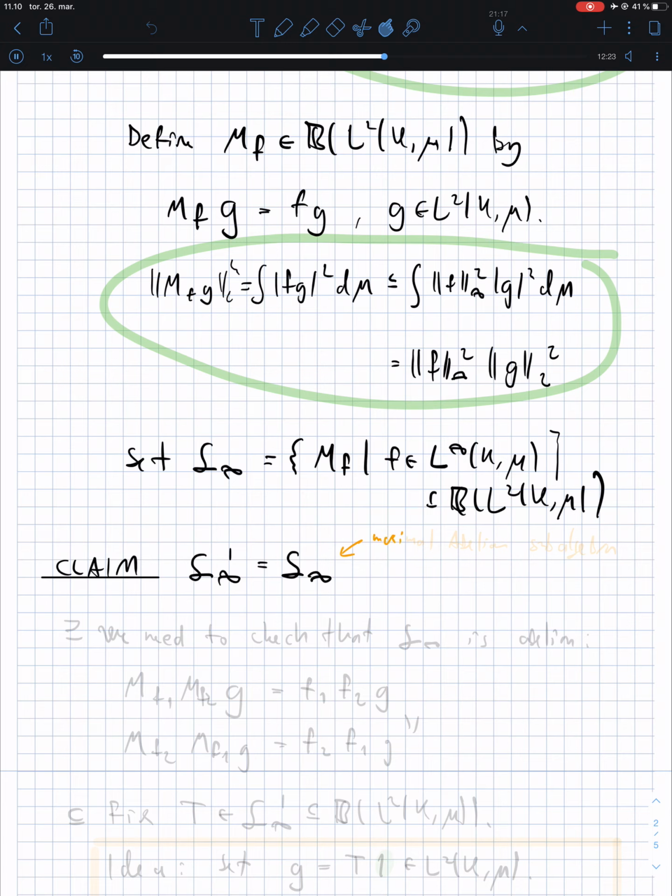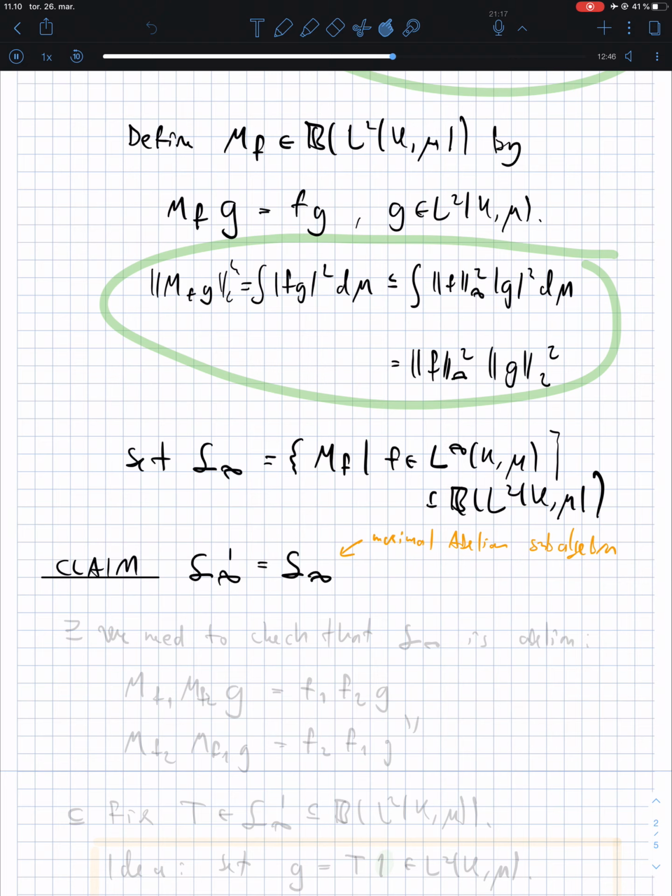This means that L infinity is going to be a maximal abelian subalgebra. That's explained in the book, but I don't really need it, so I'm going to skip it here. But it sort of means that you cannot enlarge L infinity without making it non-abelian, right?